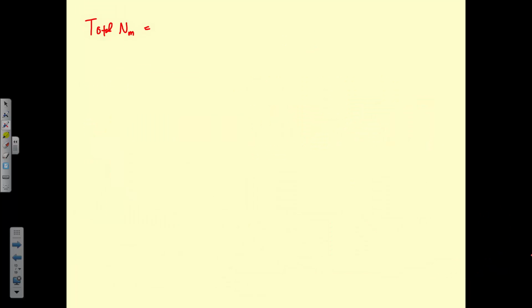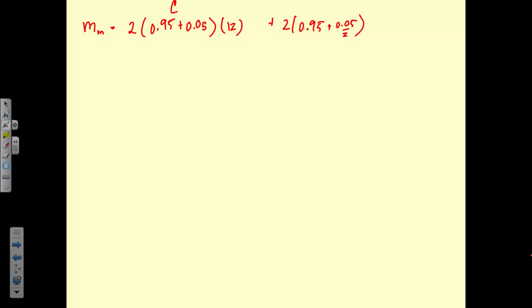Okay, so now we need to find the total mass of the products, and this gets a little bit more complicated. But again, if you're being careful and writing everything down step by step, then you don't get quite so lost. So the mass of the products is equal to 2 times 0.95 plus 0.05. So this is for carbon times 12. Then we have 2 times 0.95 plus 0.05 over 2 times 32.